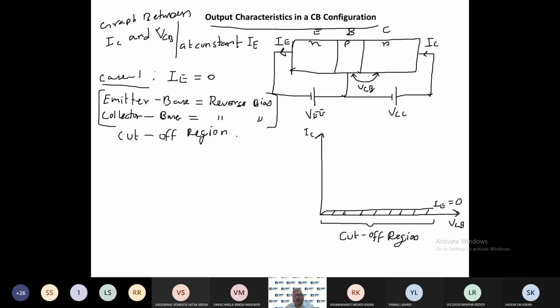In cutoff region, emitter base is reverse bias and collector base is reverse bias. And in cutoff, the transistor is off, because only leakage current is flowing. Now we will see case 2.